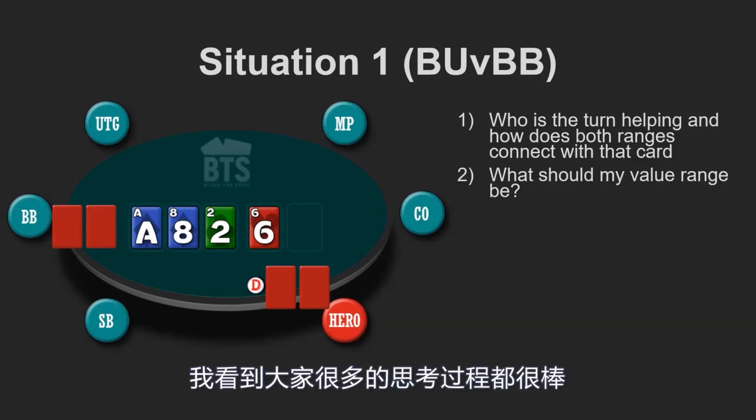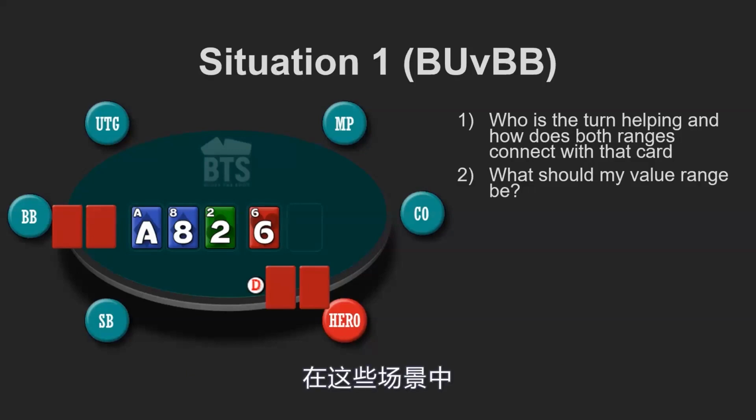All right. So I see that a lot of you guys have the right thought process. In those spots, we have to take a look at both ranges. Whenever we bet our entire range on the flop, we will get to the turn with a wide range, right? So we will still have our entire opening range on the turn.